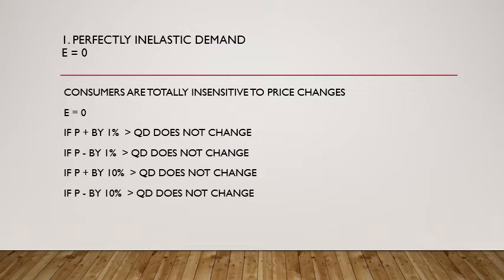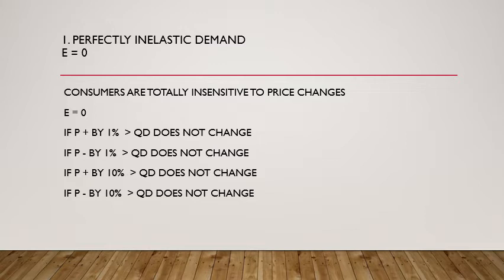All right? So let me go through the 5 illustrations here. If the price goes up by 1%, again, where did I get the 1% from? I made it up. It's a number of convenience. So if the price goes up by 1%, quantity demanded does not change. If the price goes down by 1%, quantity demanded does not change.